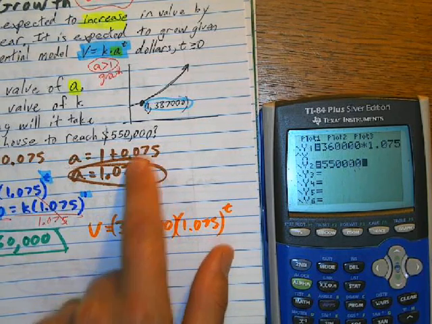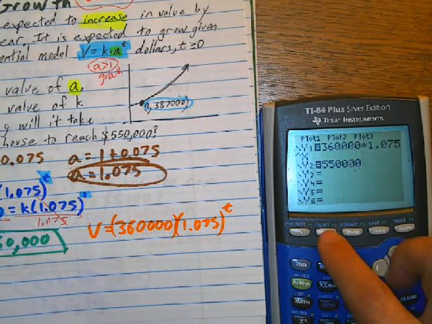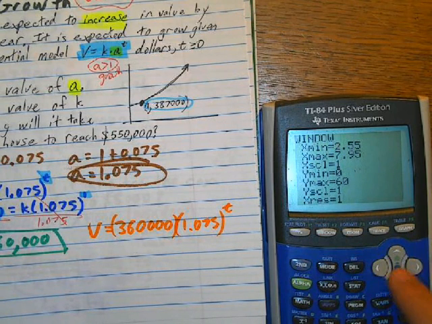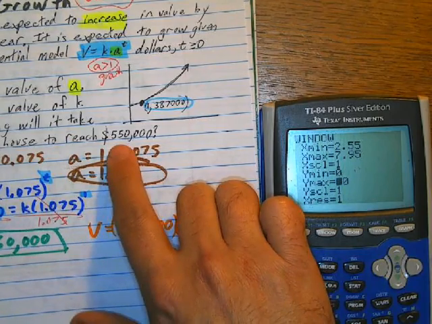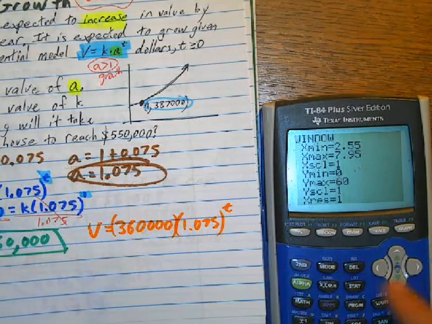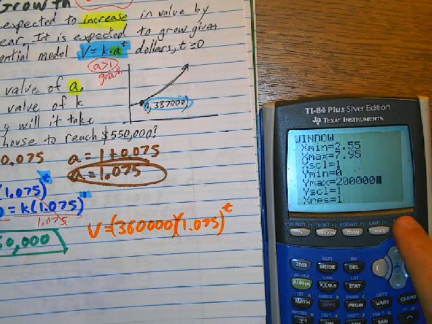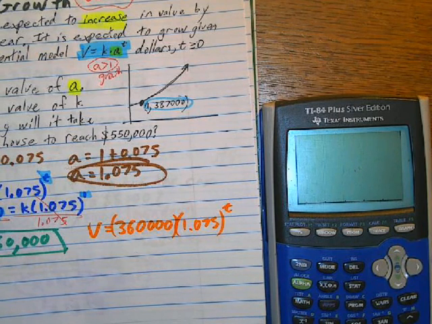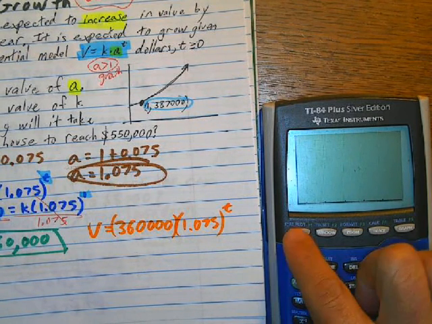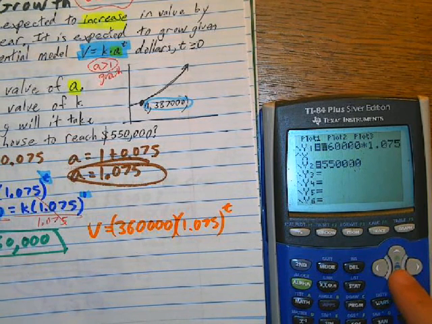Okay, and so I want to see where they intersect, so I'm going to hit zoom, and I need to change the y maximum, so it needs to be higher than 550,000. So let's just make it 200,000. Okay, and let's graph it and see how this looks. Let's see.